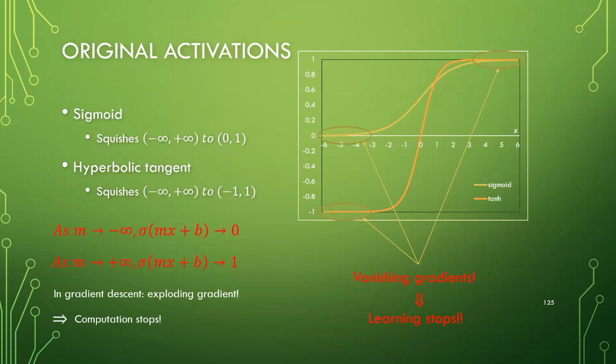If you see, for a value of -6, this function is essentially horizontal here and horizontal here. Which means if you take the derivative, it's going to be 0. So if your unbounded linear operator produces a value that is way out here, then your gradient becomes 0.